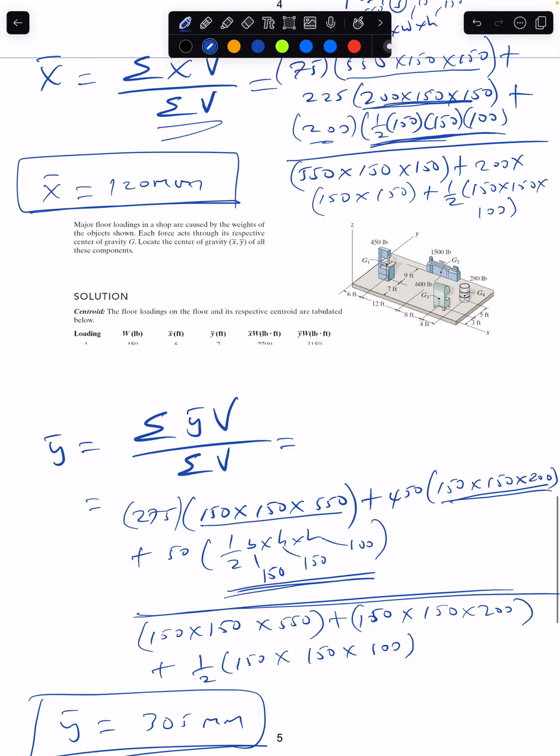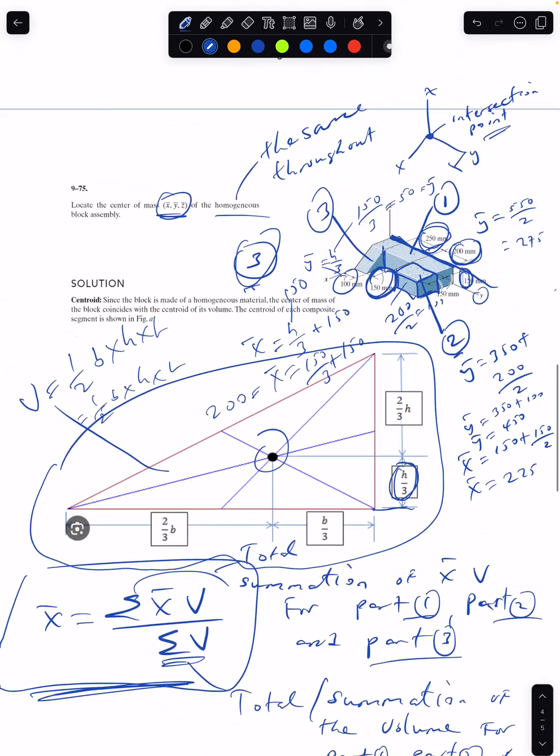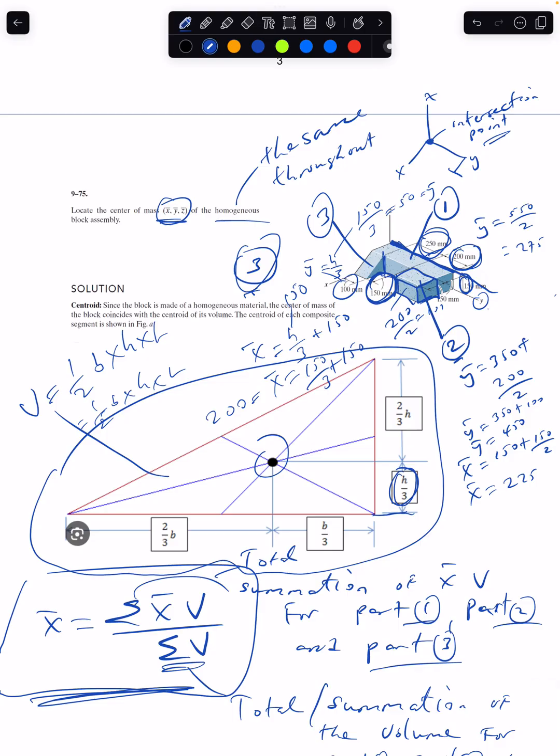So that is the y bar for the entire body, for the effective body.